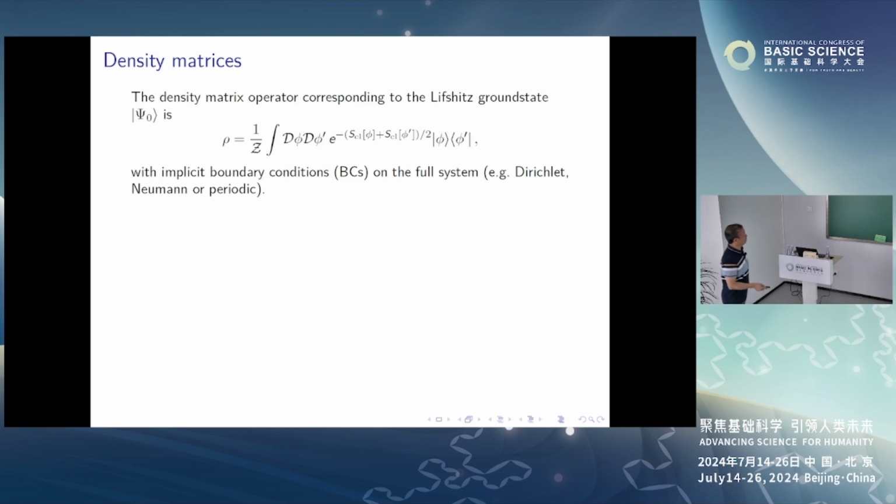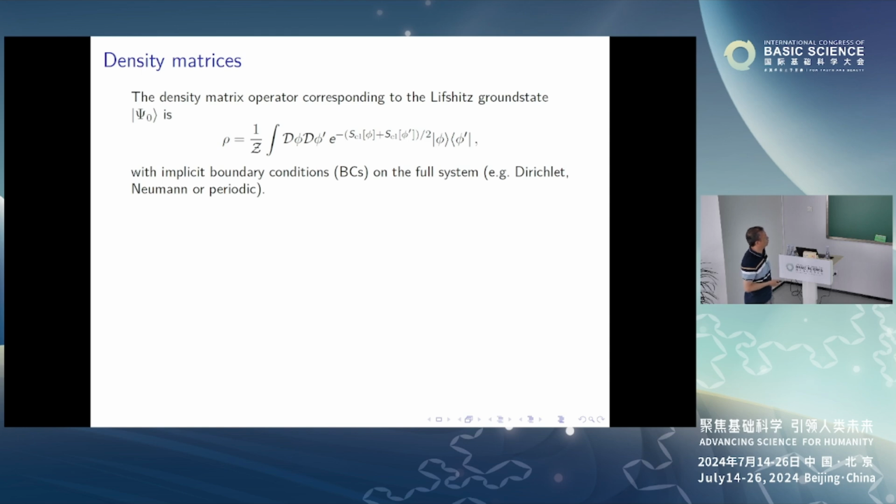And now, for example, the density matrix corresponding to the ground state can be written in this way. And sure, we have to impose some kind of boundary condition on the full system, like Dirichlet boundary condition, Neumann boundary condition, or periodic boundary condition.